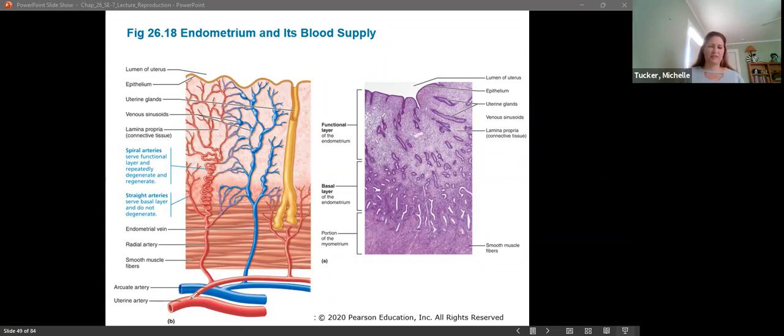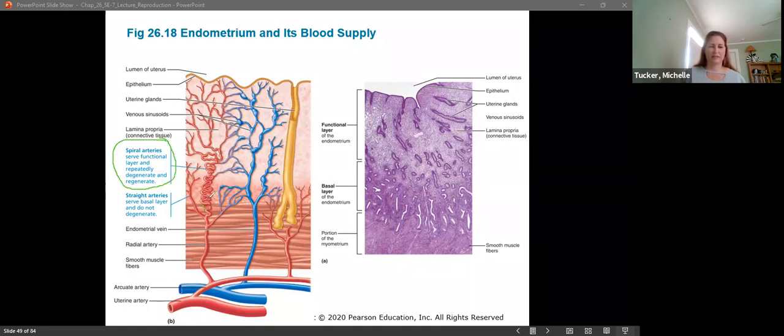But so the uterine artery is the primary artery, gives rise to the arcuate artery, which is going to be part of that myometrium. Then radial arteries are going to radiate out from that. And then depending on if it is feeding into the stratum functionalis, that stratum functionalis will have spiral arteries.